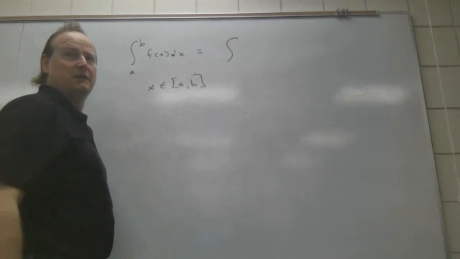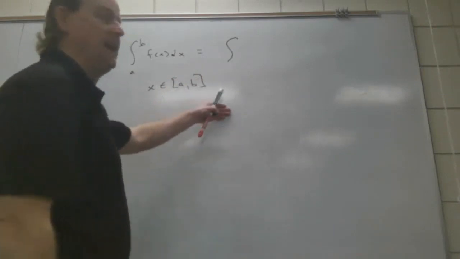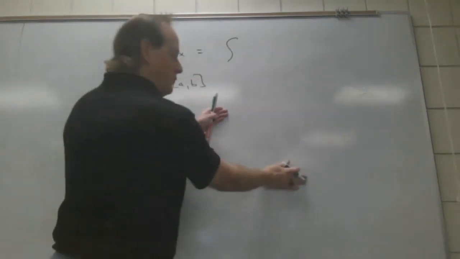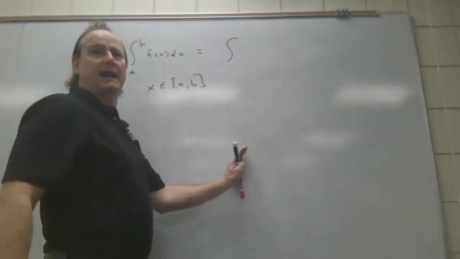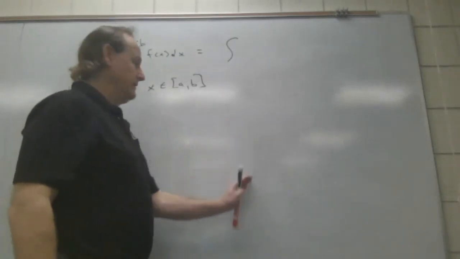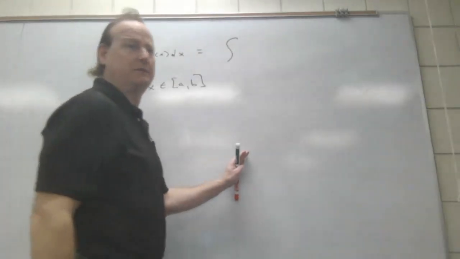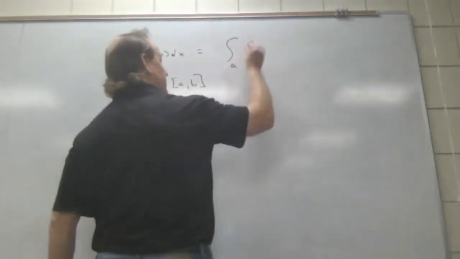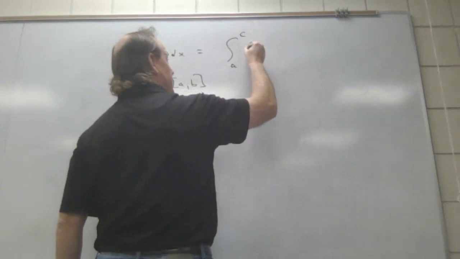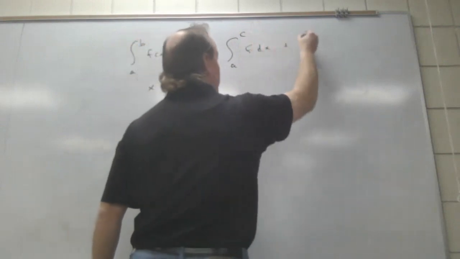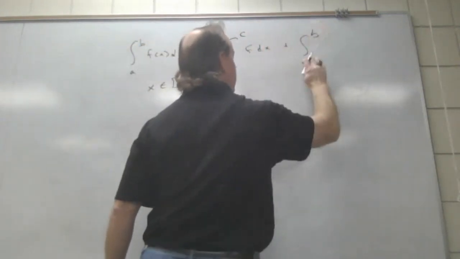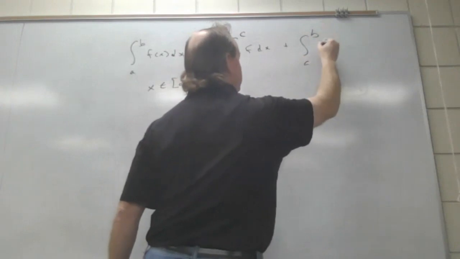If I wanted to split this into 2 different integrals, let's say some of that graph was above the x-axis and some was below the x-axis, and it split from above to below at a certain value where it gave 0. Let's call that c. I could split this up from a to c of f dx plus the integral from c to b. Remember that rule?